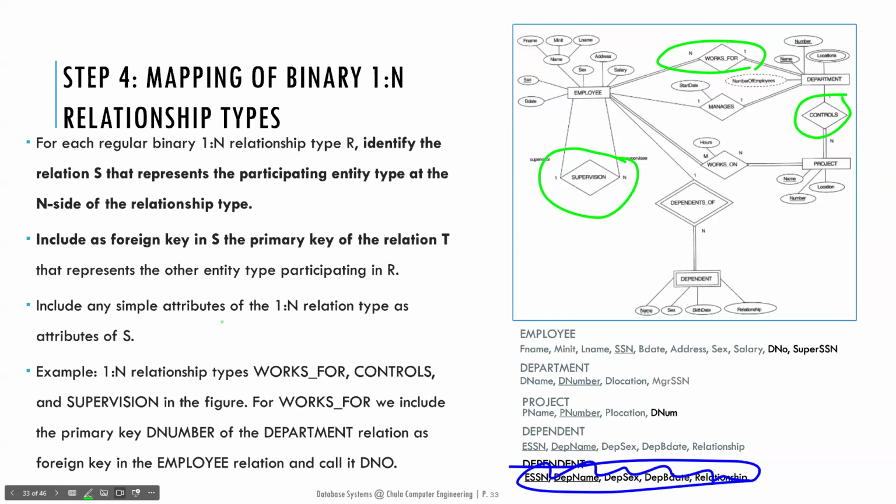We also include any simple attribute of that relation as attribute of S. So what happened is that, let's take a look at the first one, project. We have controls here, right? So for controls, we have 1 to n, which side is n? The n is the project side, right? Okay, so we work on the project side and then take the key from department, because you have n here, 1 here. You have the key, which is number there, and then put it here.